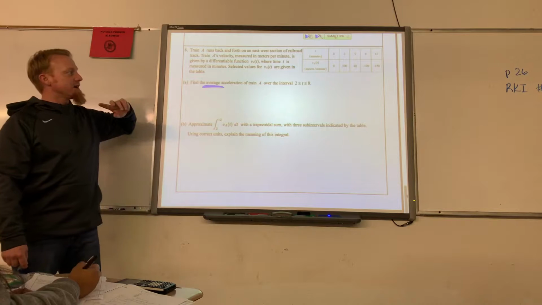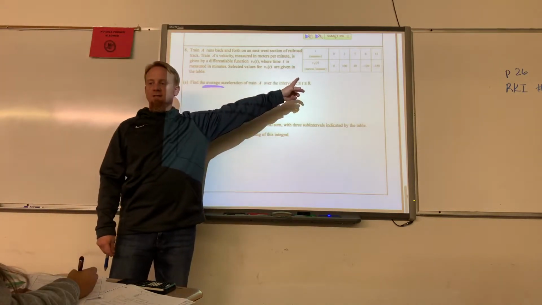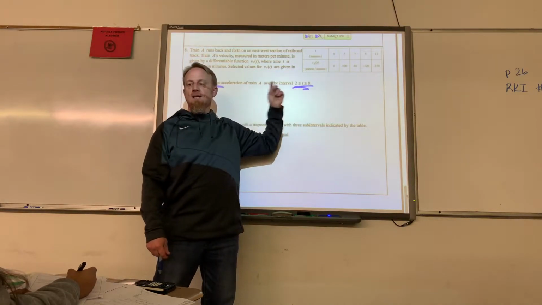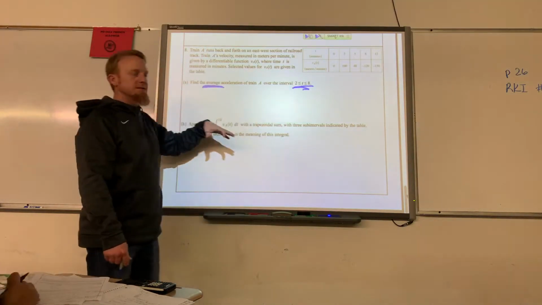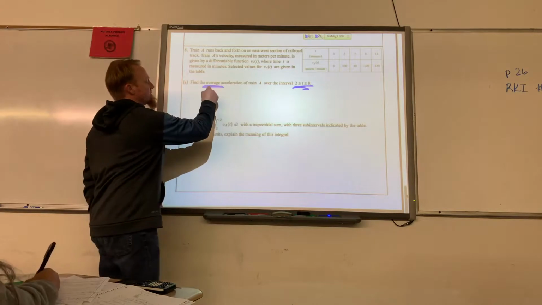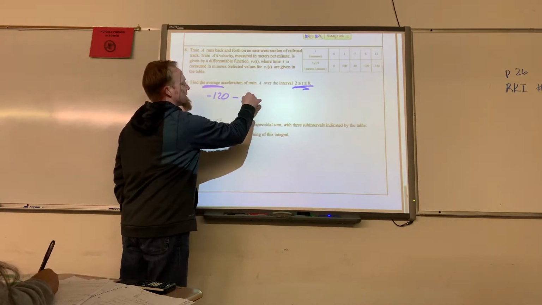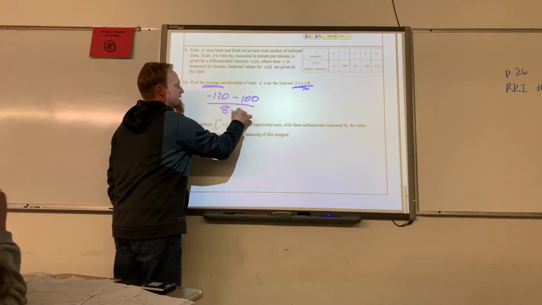So I need the change in velocity. Did they give me velocity? Yes. So all I need to know is my change in velocity from here to here, and then divide by it. Make sense? So if I plug in 8, I'm going to get negative 120, minus, if I plug in 2, I'm going to get 100, and then over 8 minus 2.